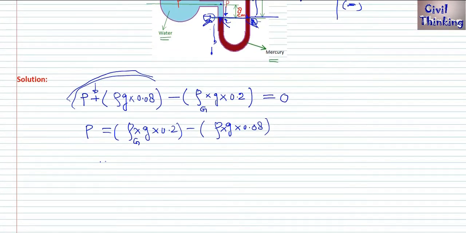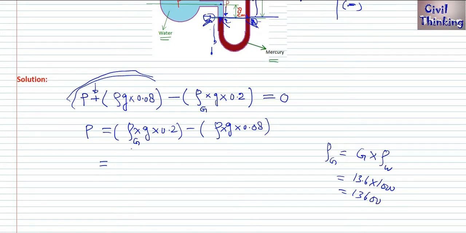Okay, now here is pretty simple. Now density of mercury is how much? We know density of mercury is the specific gravity of mercury multiplied by density of water, and specific gravity of mercury is 13.6 and density of water is 1000. So we get 13600.